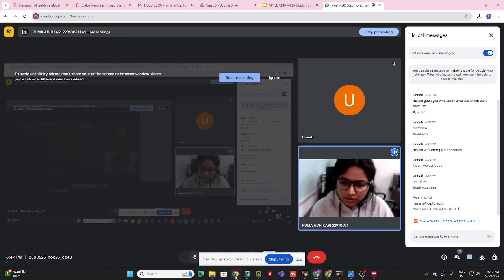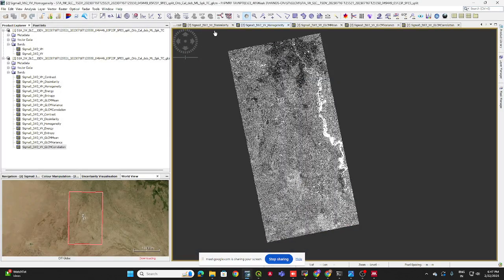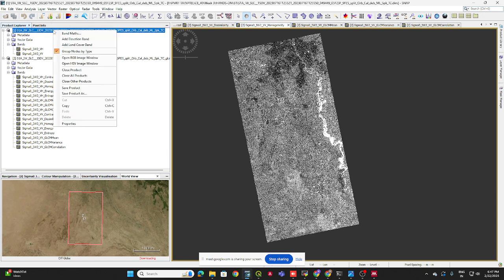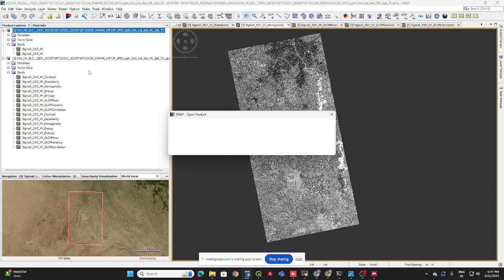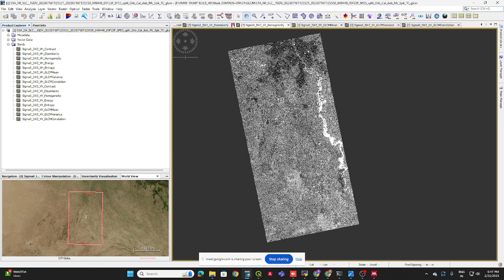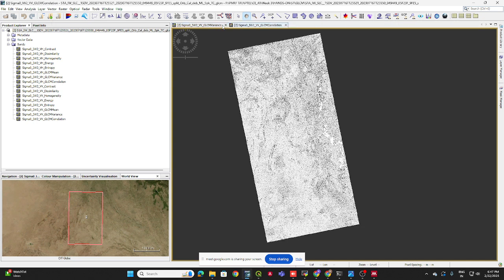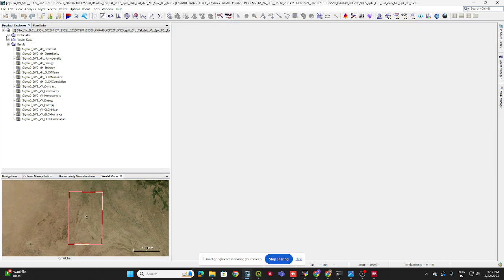You can see how it differs from the C-band. ALOS-2 has L-band.